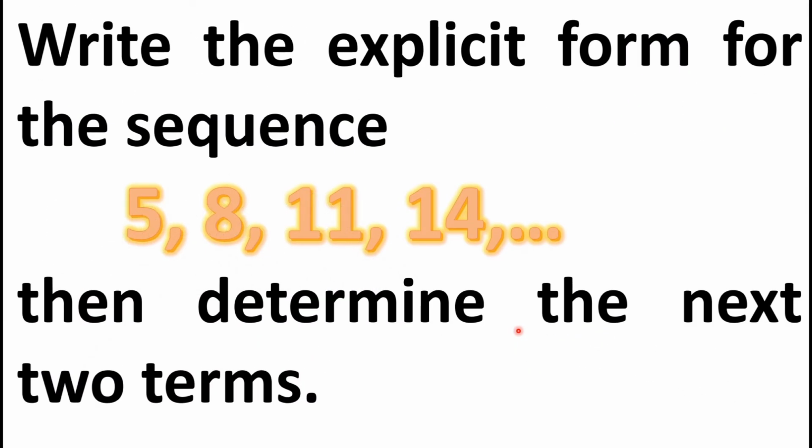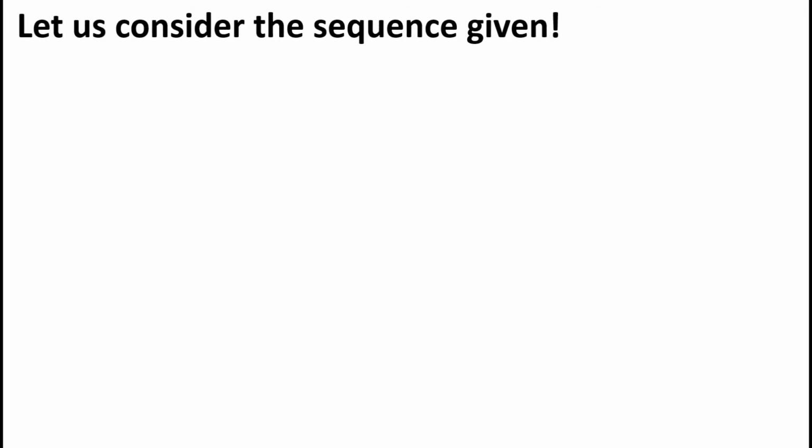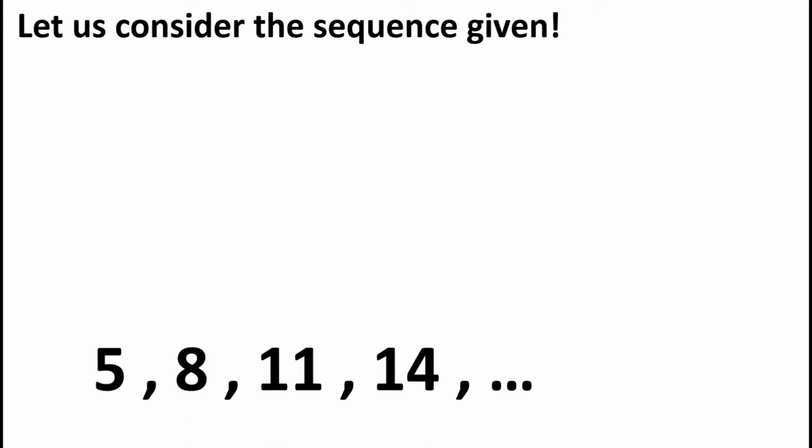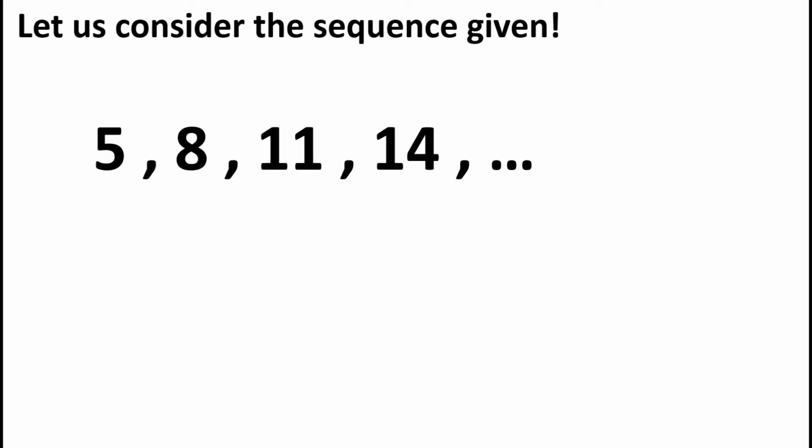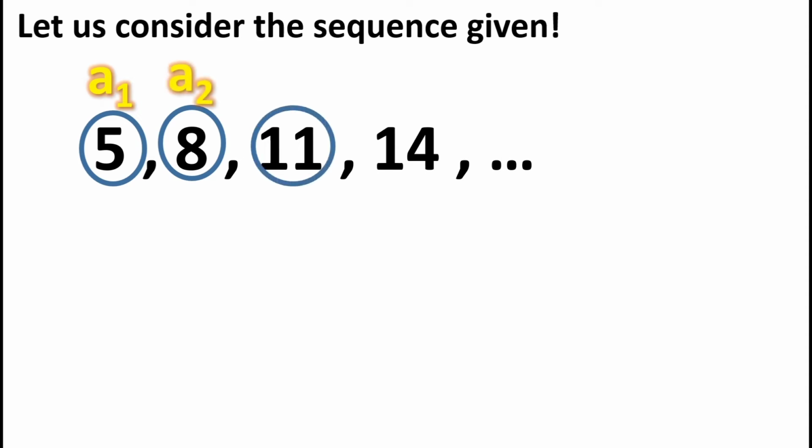For example, write the explicit form for the sequence 5, 8, 11, 14, and so on. Let us consider the sequence given. 5 represents the first term, a sub 1. 8 represents the second term, a sub 2. 11 represents the third term, a sub 3. 14 represents the fourth term, a sub 4.